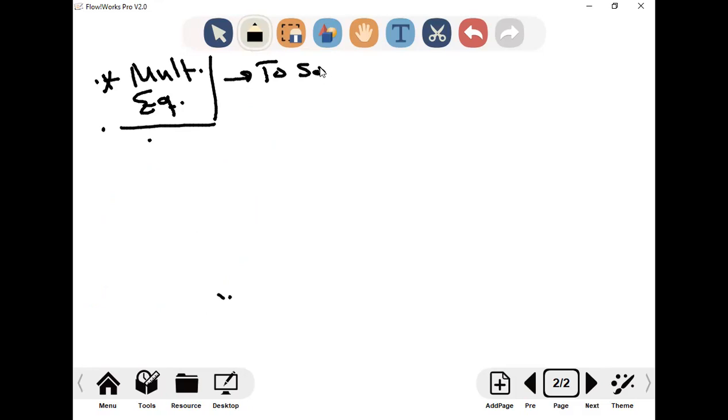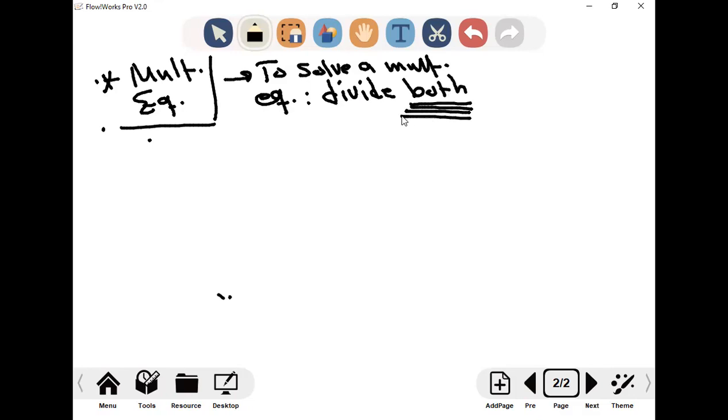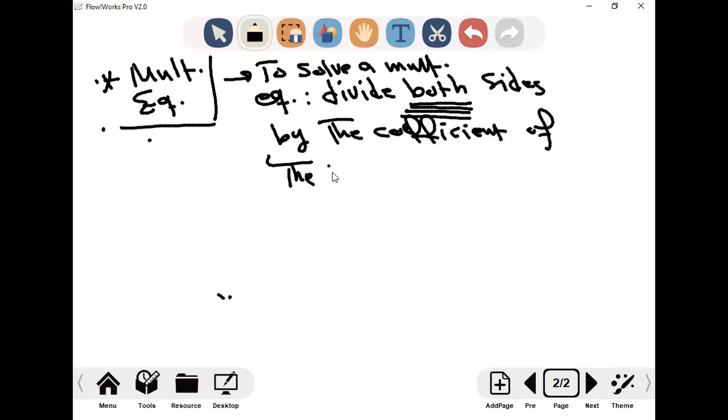To solve a multiplication equation, one step, we divide both sides by the coefficient of the variable, whatever it is: decimal, negative, positive.